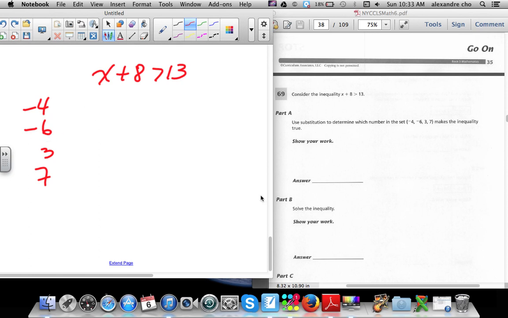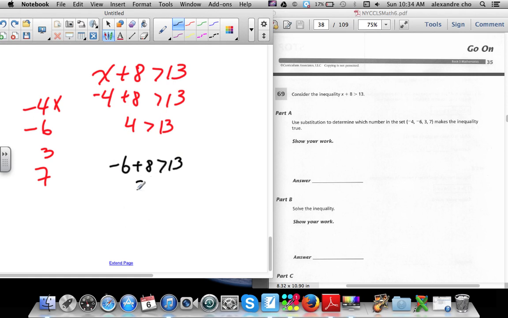All right, in part A, if you put -4 over here, plus 8 is greater than 13, this is going to be a 4. Obviously not true. If you put -6, you get -6 plus 8 is greater than 13.